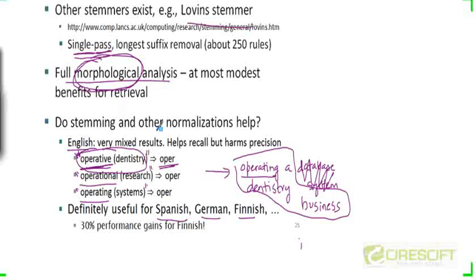Morphology is the study of words, and in certain languages, the words have a very well-defined set of rules for generating the variant forms. English is a little messier example of a language, but if your language is very elegant in how it defines the variant forms of words, then you can use something like stemming and lemmatization in a much more beneficial way. But in English, the results are pretty mixed.